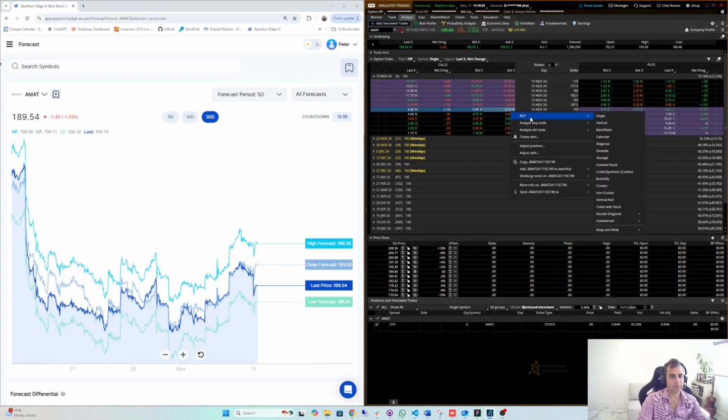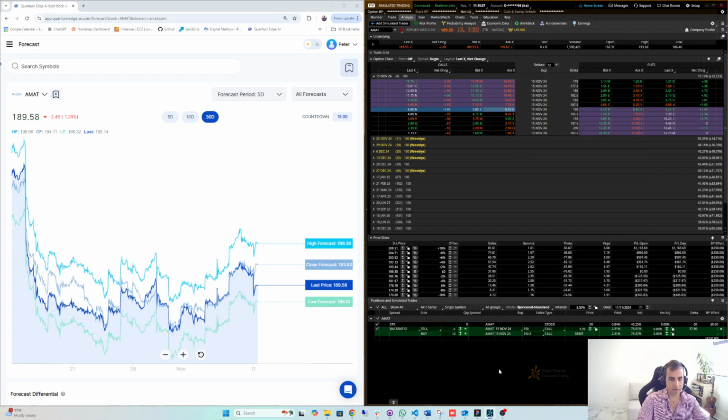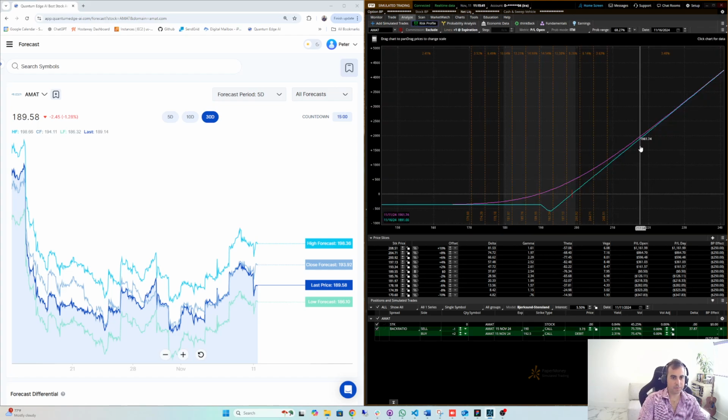The back ratio is great when you think about it a little bit further. When you don't just say, okay, this is the back ratio, this is what I want. This is an exponential movement, but the odds are that you're going to land within this location, and you're going to be basically net debit losing this position.